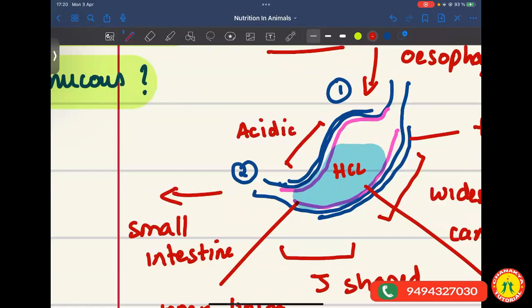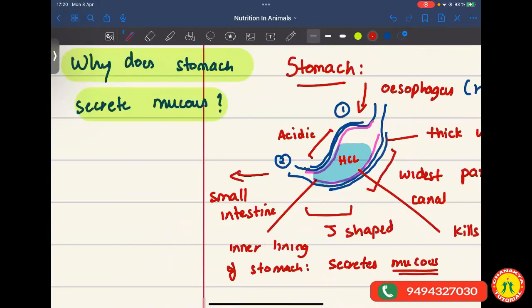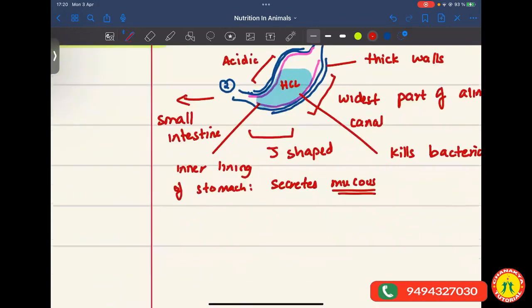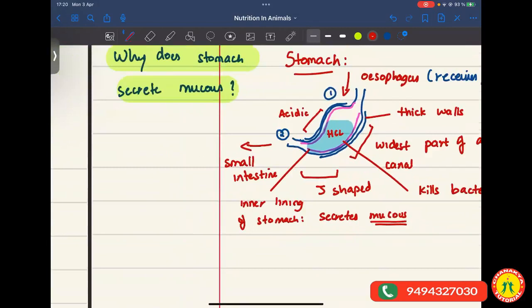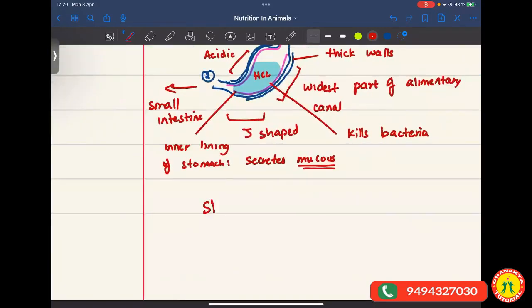All right. So the stomach is acidic, and it also helps the digestive juices, all the juices, to act. I already told you, the pancreas secretes pancreatic juice and all that. For all of them to act, the HCl is very useful. So the stomach secretes digestive juices. Why is it called digestive juices?